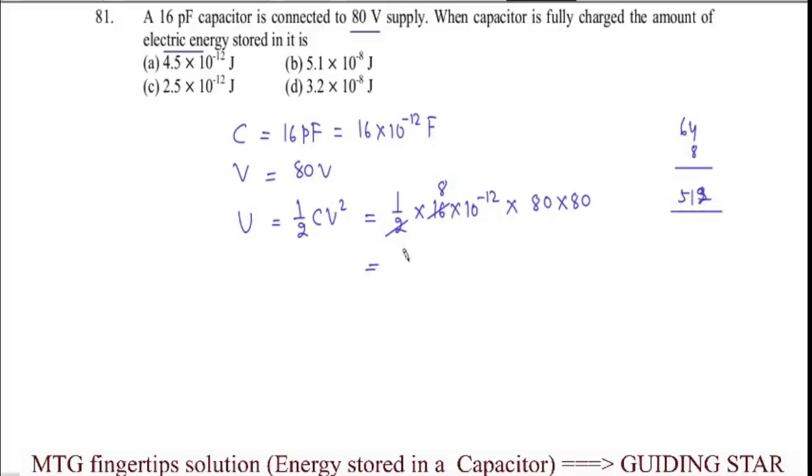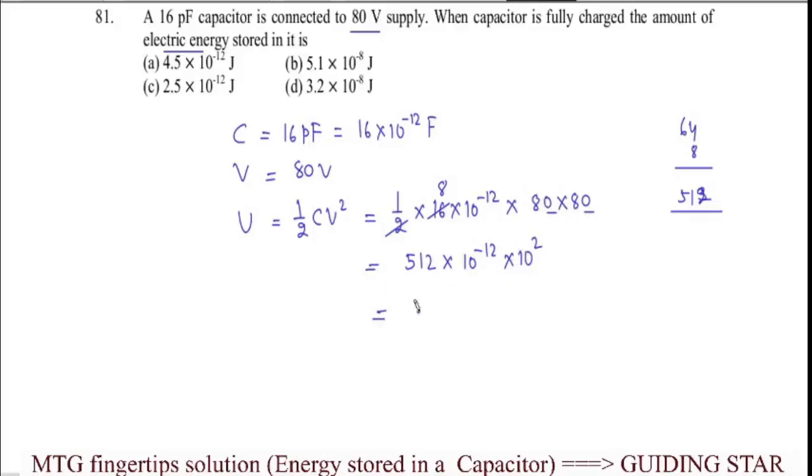So it will be 512 into 10 to the power minus 12 into 10 to the power 2, because of these two zeros; we have taken 8, so the remaining is 10, so it will be 100.